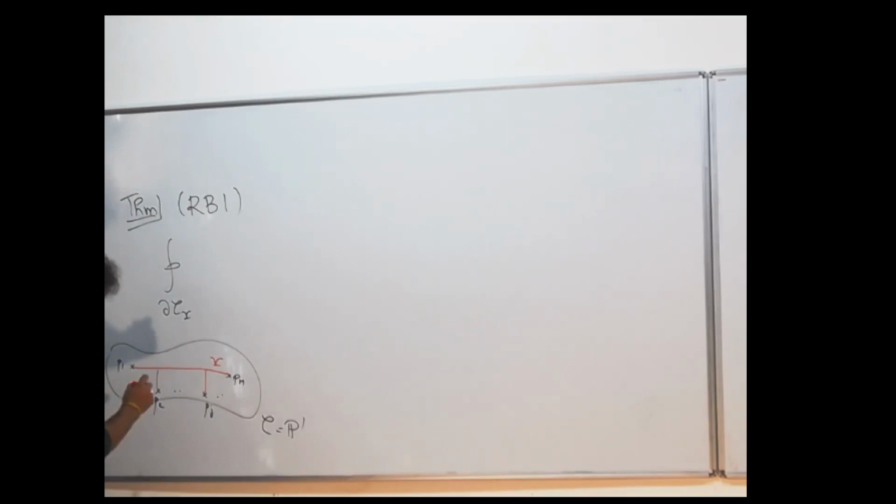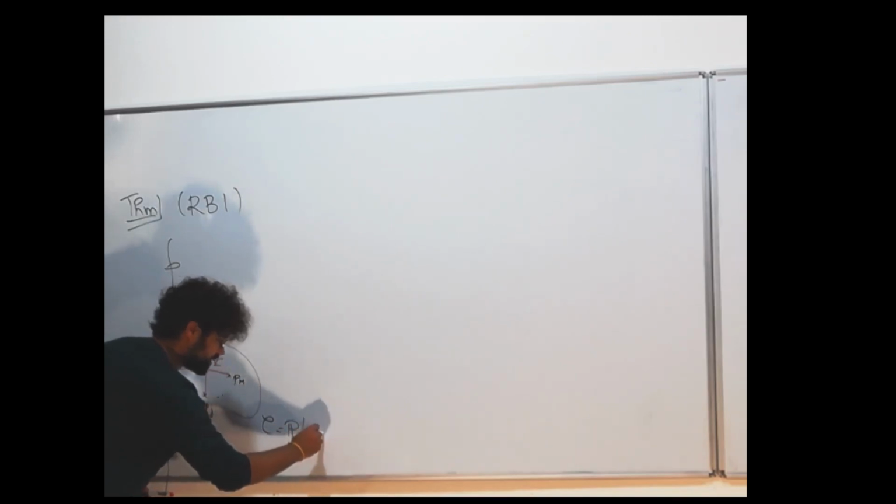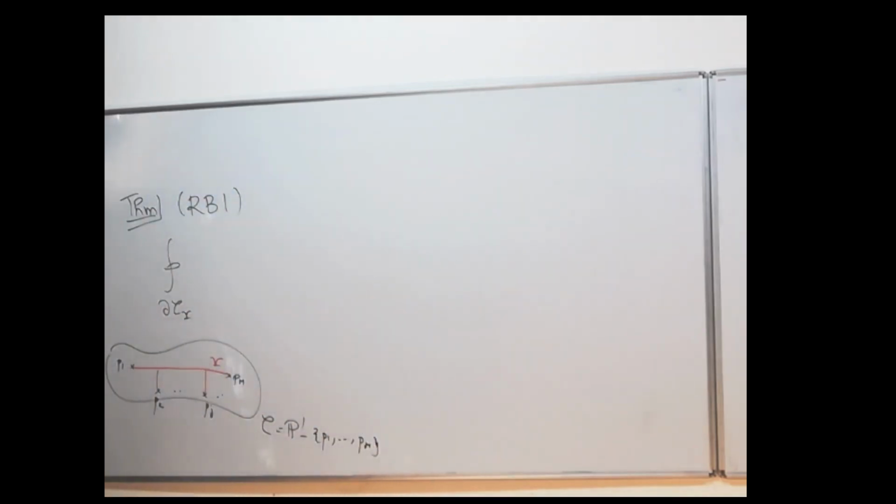That was the graph gamma, such that if you remove gamma from P1 minus these points, you had something simply connected. So if you remove gamma from P1, what you actually get is some kind of polygon, if you wish. And here the boundary of C gamma denotes the boundary of that polygon.